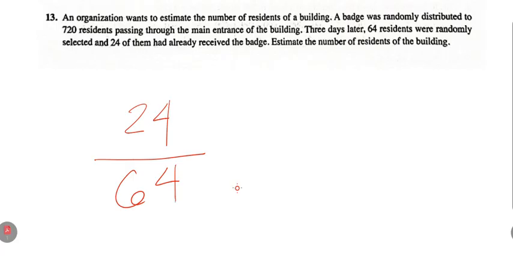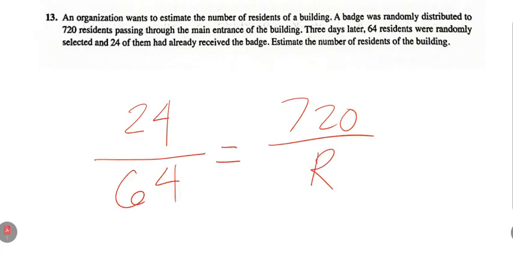Since there were 64, and the total badges that they were given down at the main entrance at first were about 720.